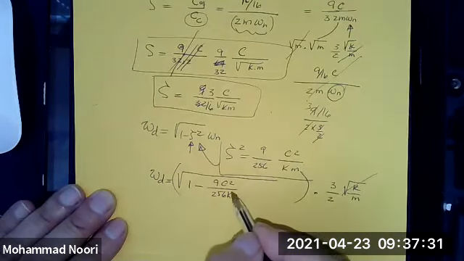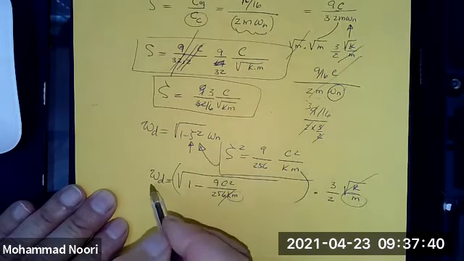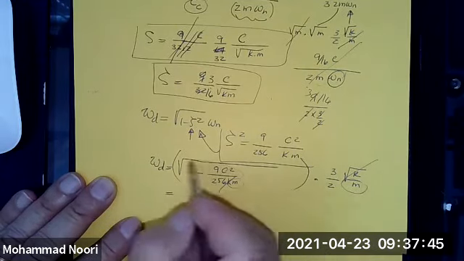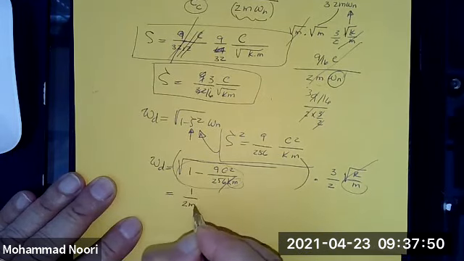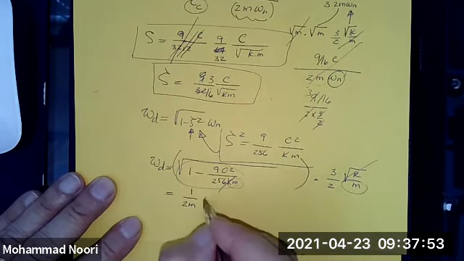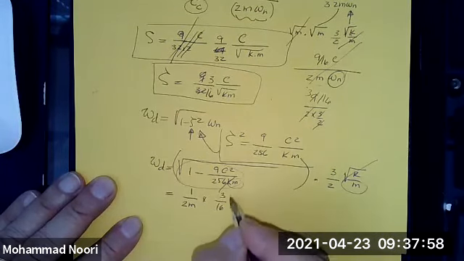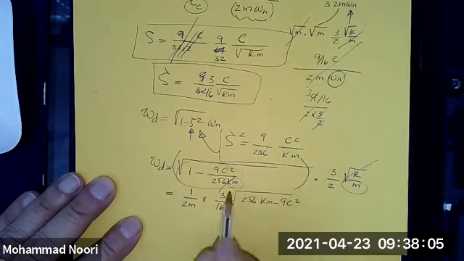This and this cancel out, right? And then this and this, m squared comes out of the radical. So this would be simplified. I take the common denominator here, and this would be simplified as 1 over 2m times square root of 3/16 times 256 km minus 9 c squared.